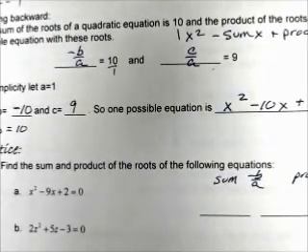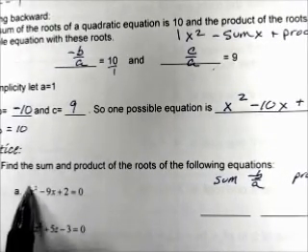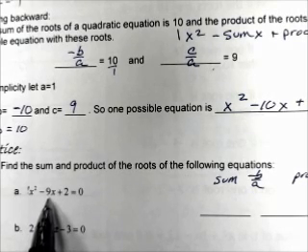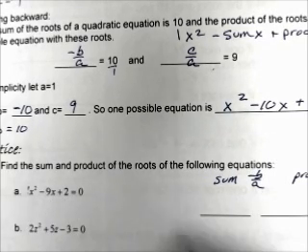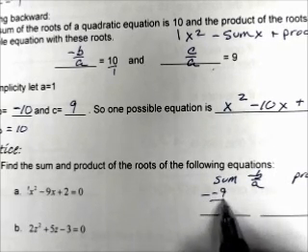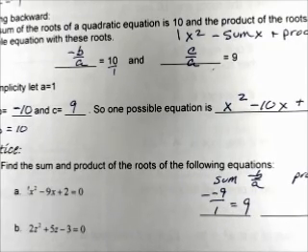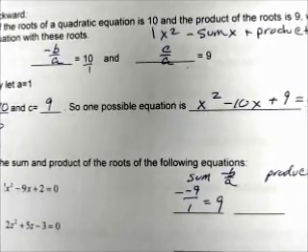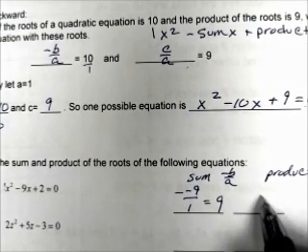All right, so for a, our a value is 1. Our b value is negative 9, and our c value is 2. So we want negative 9 over 1, which is simply 9 for sum, and product is c over a, 2 over 1, which is simply 2.